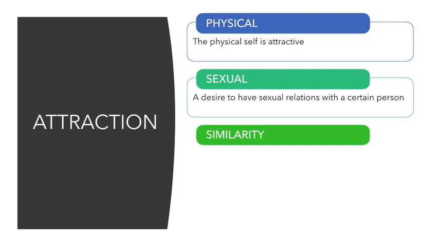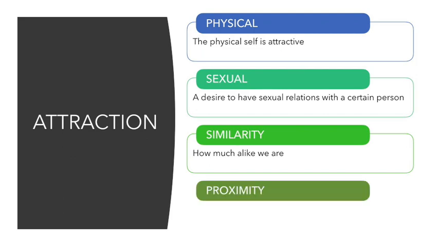The next one we see is similarity. We have something in common. We either like something the same or we dislike something the same. It can work both directions. And then the third one is what we call proximity. Proximity has to do with how physically close we are to someone. You're more likely to meet someone and be friends with someone in your hometown than you are from another city in the country.